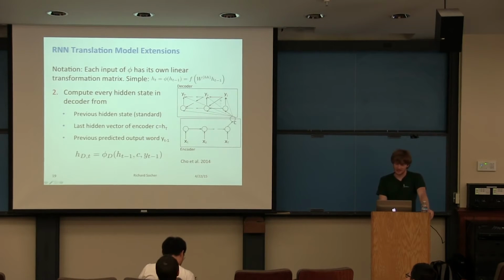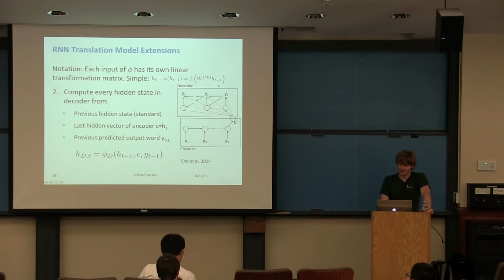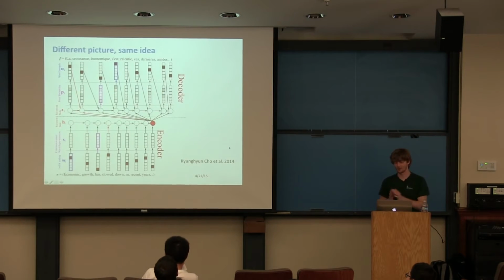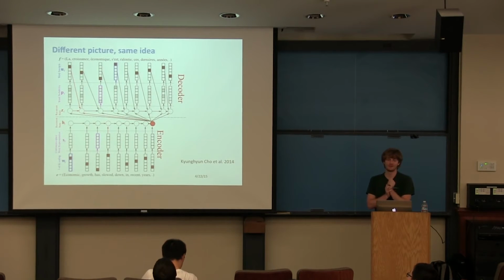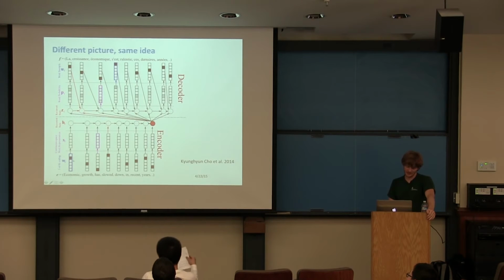So this is the original figure in the paper that introduced this, by Cho et al., from Yoshua Bengio's group, from last year, and this is again one of those kinds of plots. Just to allow you to go and read the literature and not be confused when you see different plots, this is showing the exact same model, just in a different way. Here they make very explicit that we have this 1-of-k encoding. This is basically just us retrieving a specific word vector.